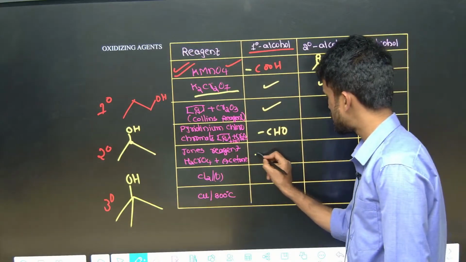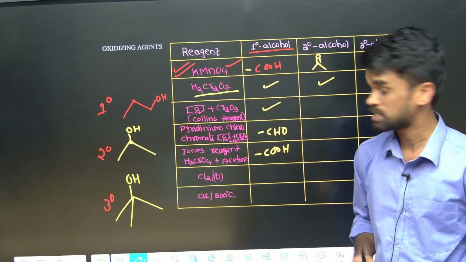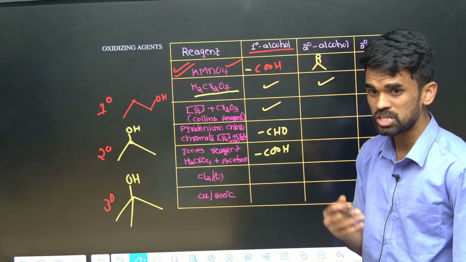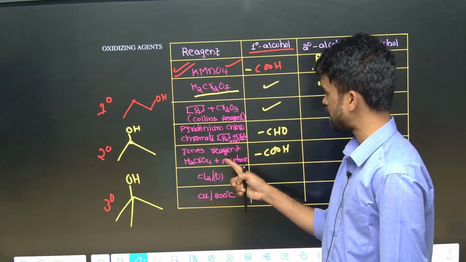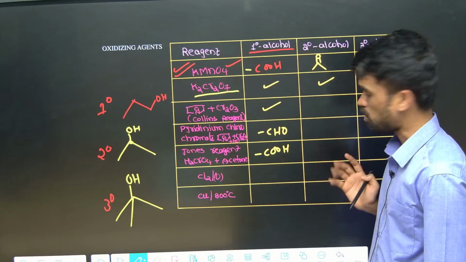With Jones reagent it will be carboxylic acid. The final product formed is carboxylic acid. But under very low temperature conditions, first it will form aldehyde. But remember, with Jones reagent at normal conditions, primary alcohols give carboxylic acids.